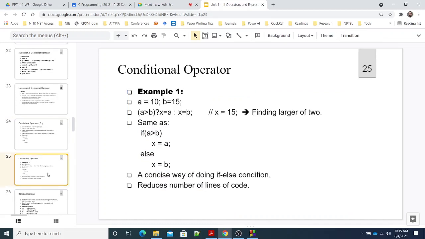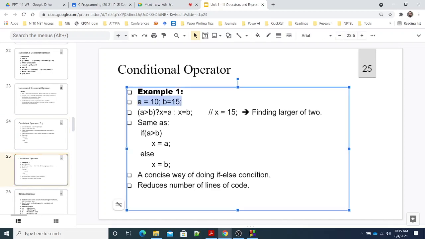We'll see an example, then it will be more clear. I have two variables, a is equal to 10, b is equal to 15. Assume both are integers. And I am applying the conditional operator. Expression 1 is a greater than b. I can either put it in brackets or I can remove it. Both are essentially the same.